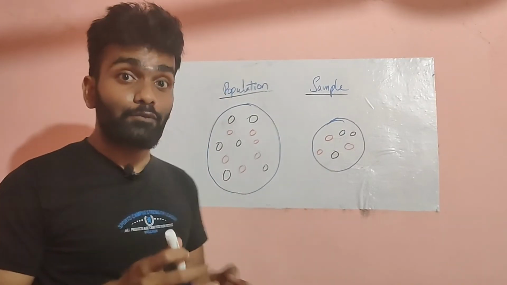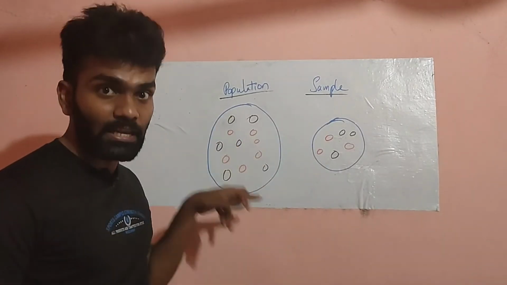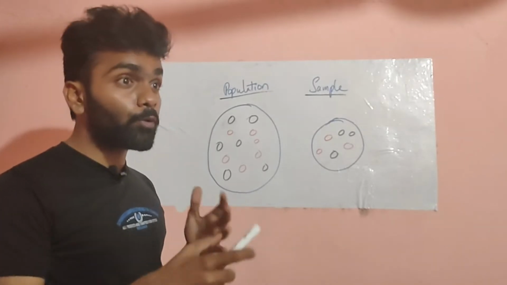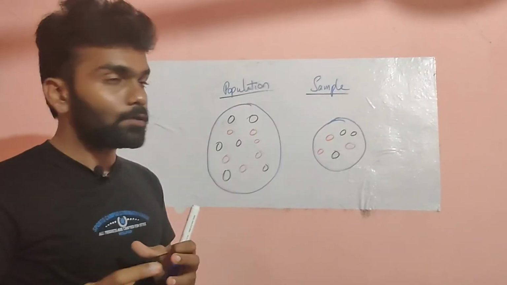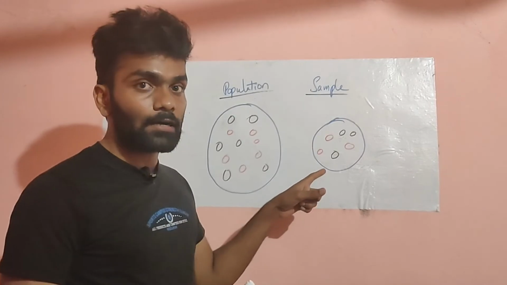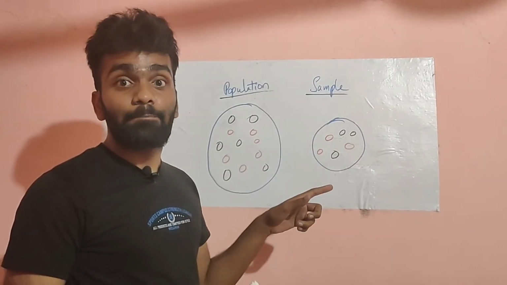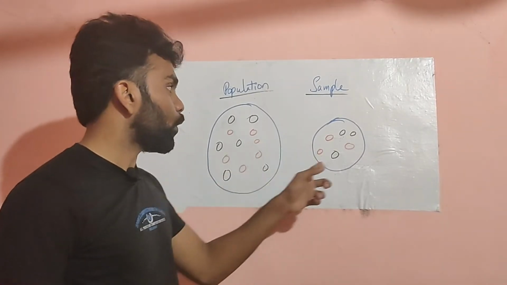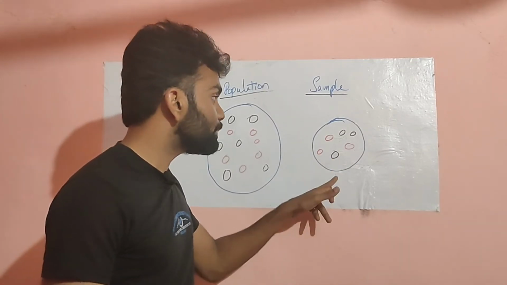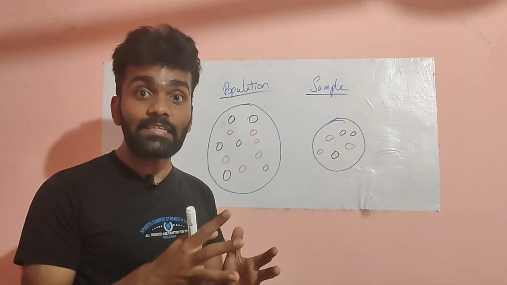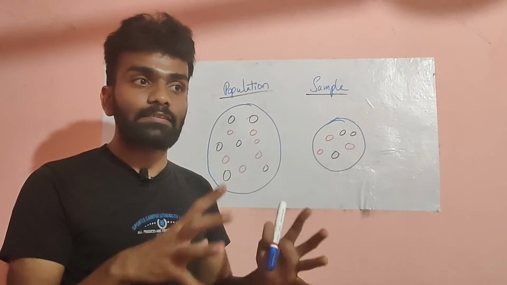If this is the entire population and you want to perform the clinical trials, we want to extract some sample. You can see the sample here, which I extracted from this population. As we have discussed, this sample should be able to represent all the variations present in the population.